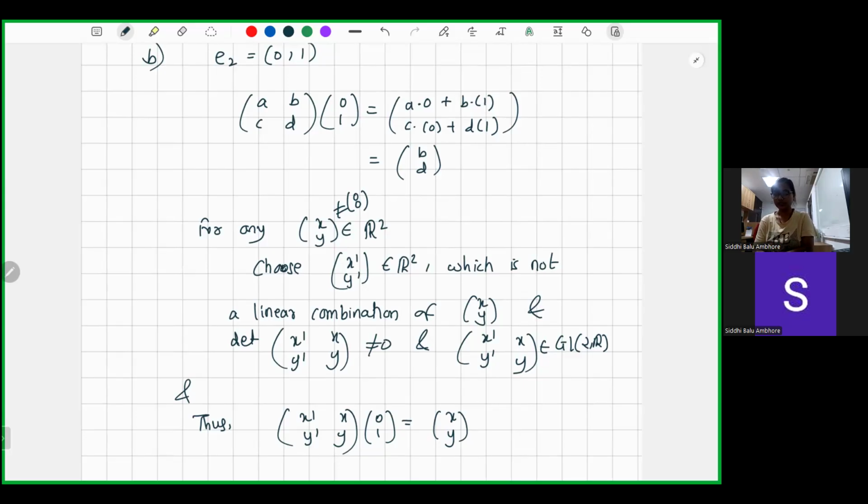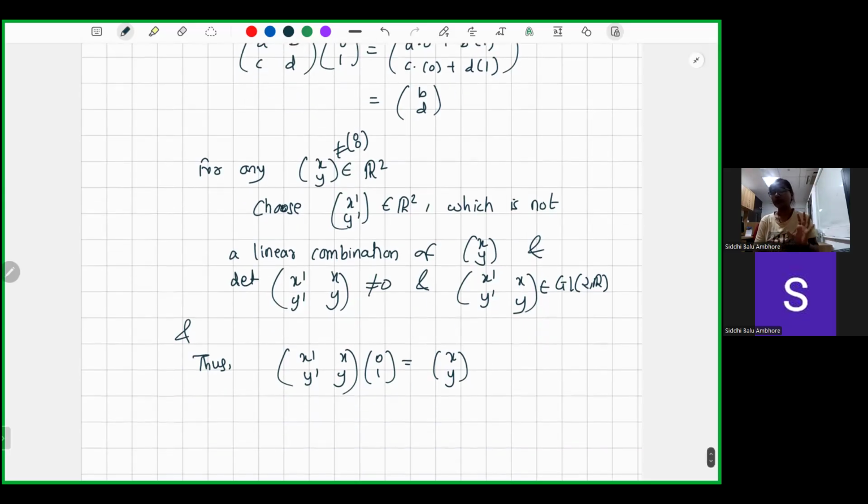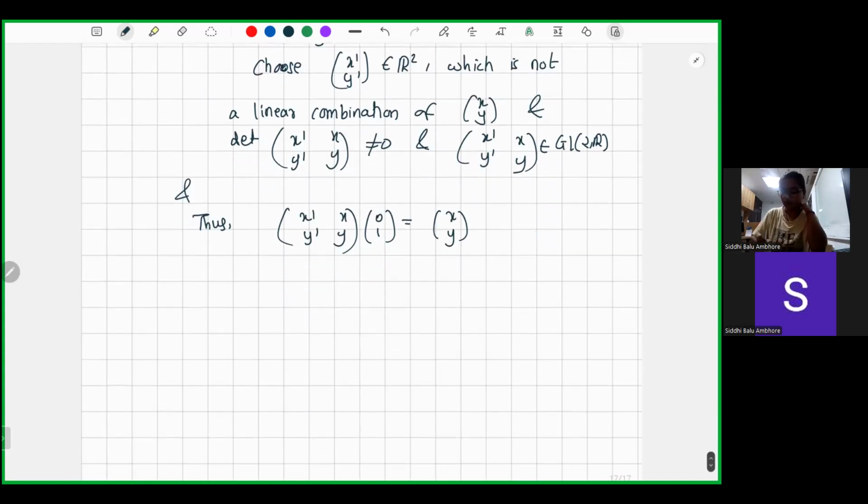If at all it is giving me a column of GL2R, it has to be some non-zero vector in R2. And that's how I get this xy. So therefore, again, the orbit of 0, 1 is the entire R2 minus the element 0, 0.